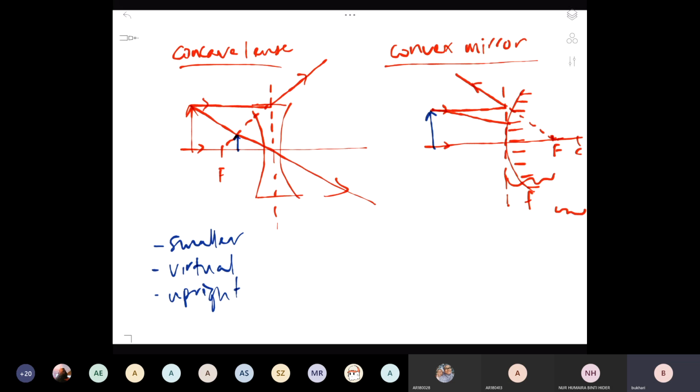It will travel towards C. But okay, I'm not going to draw it because you're going to get confused. But remember, this line is pointing towards C. What happens is it will be reflected parallel to principal axis. Understand?